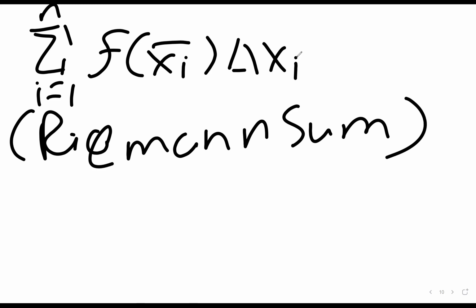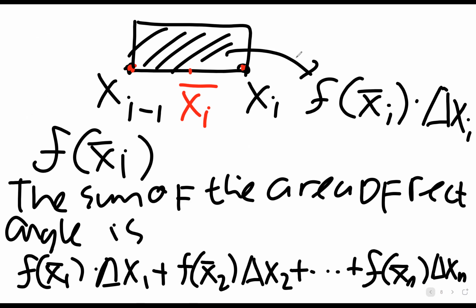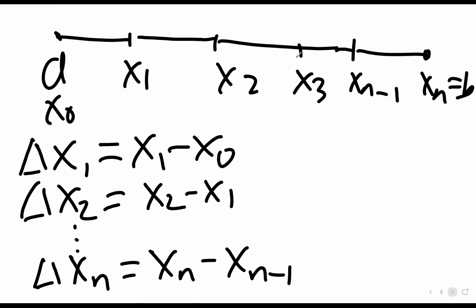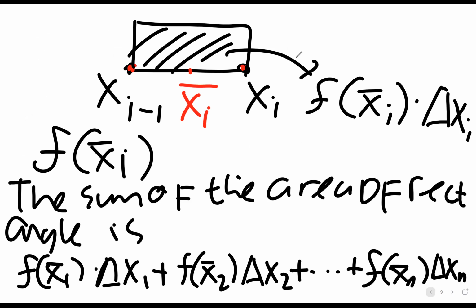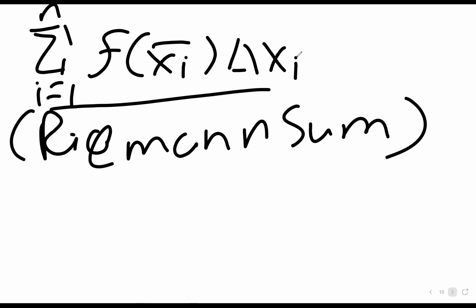Now, the idea is that if I divide the interval a comma b into n intervals, and then I calculate the sum of the area of the rectangles by the following formula. This notation and this expression are the same, just an abbreviation. And we call this a Riemann sum.